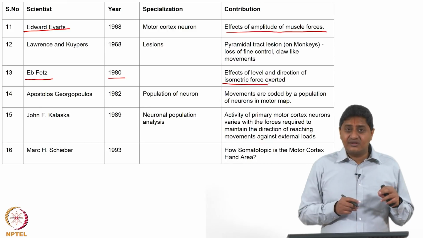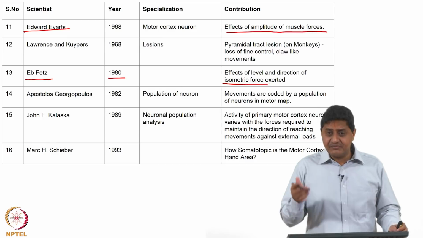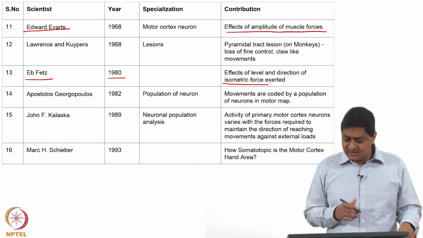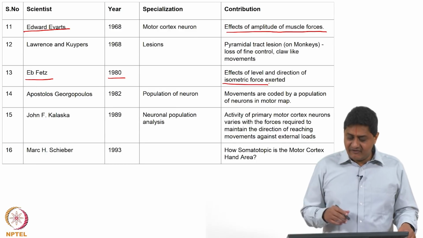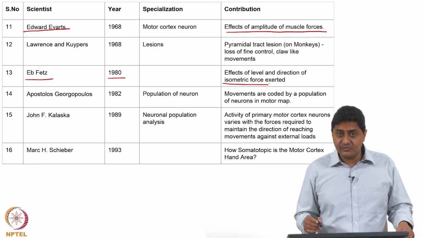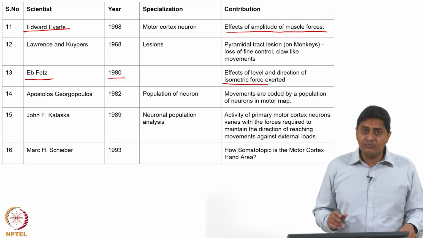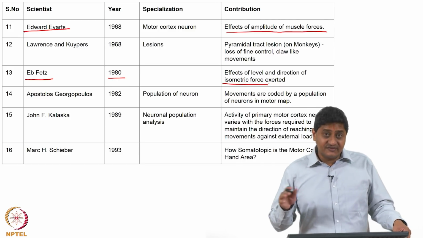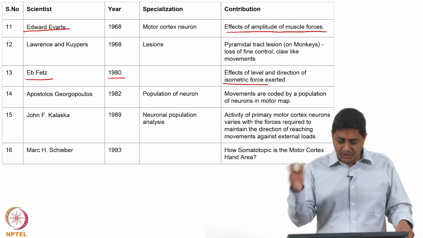We have explained what isometric force production or isometric regime is in the previous classes, and it was found that the level and direction of isometric force also resembles how movement would have happened. So, this is similar to the actual movements and the actual forces produced during movement.